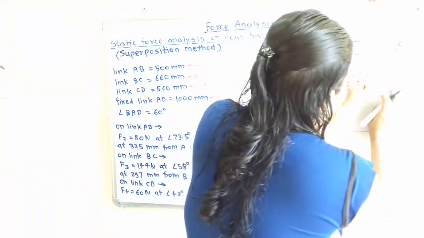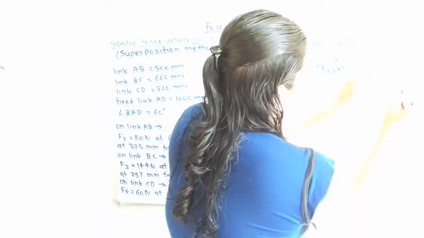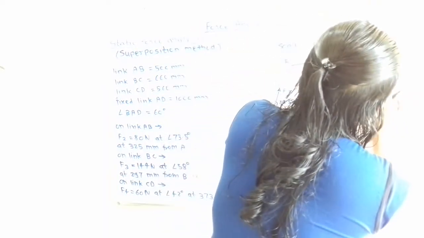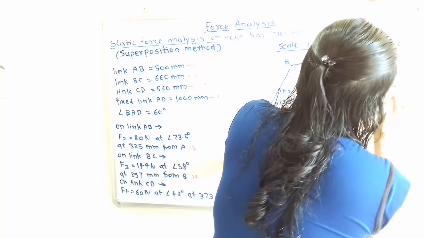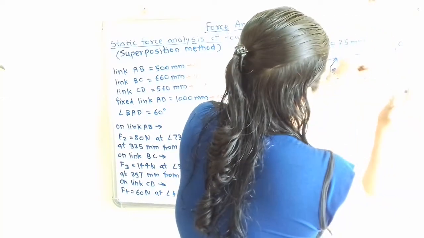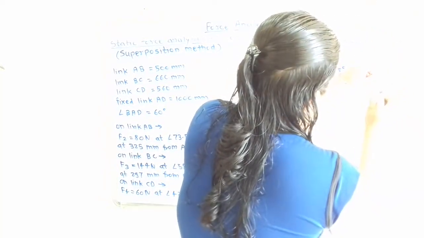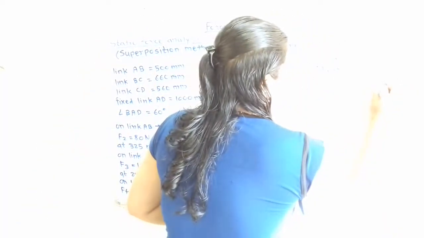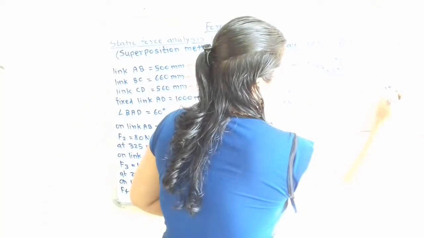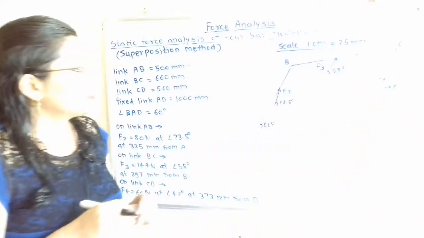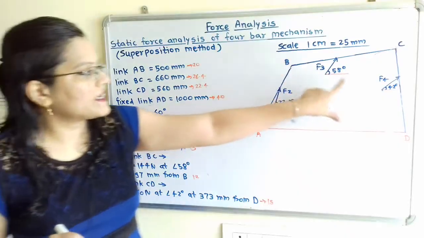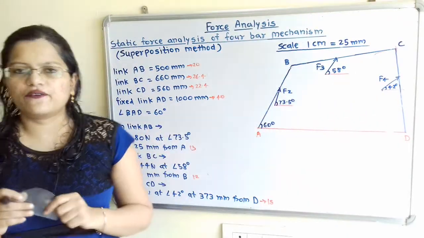Whenever this angle is 42 degree, then along this horizontal line here is the center of protractor. So we have to join the center of the protractor, and then this is the force F4 which is at angle of 42 degree. So this mechanism is getting completed along with three forces.